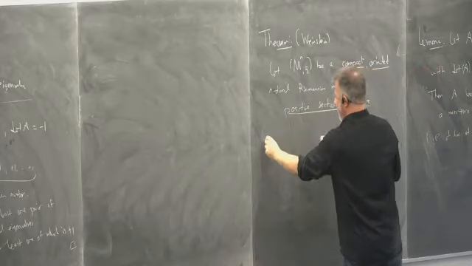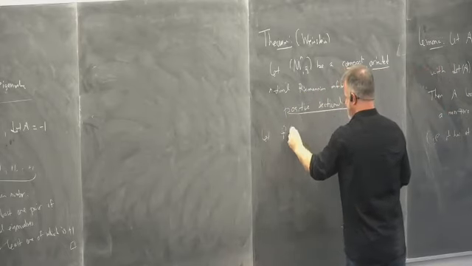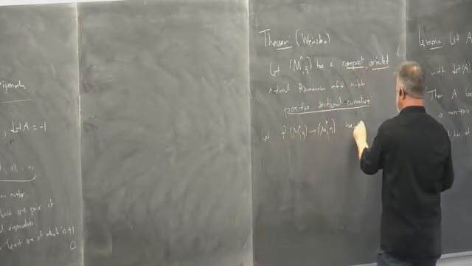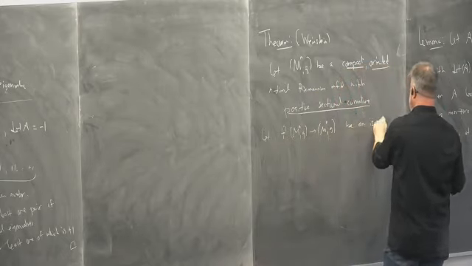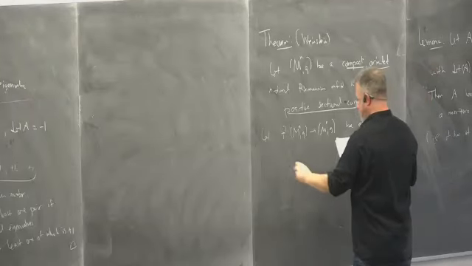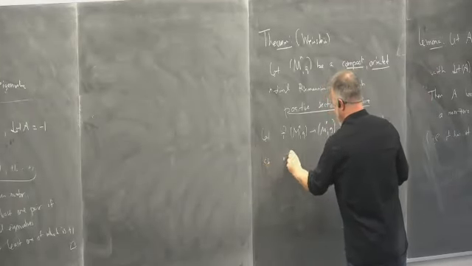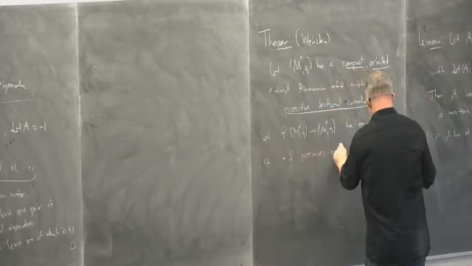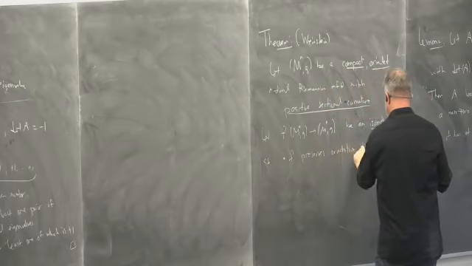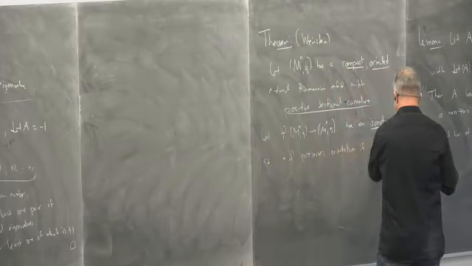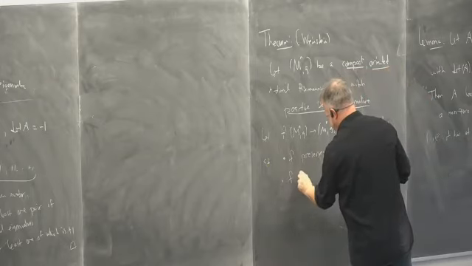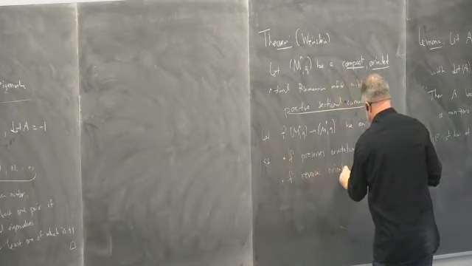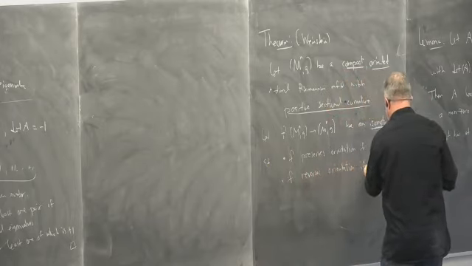So then let F be an isometry such that F preserves orientation if n is even, and it reverses orientation if n is odd.